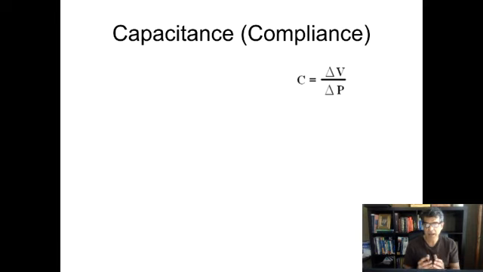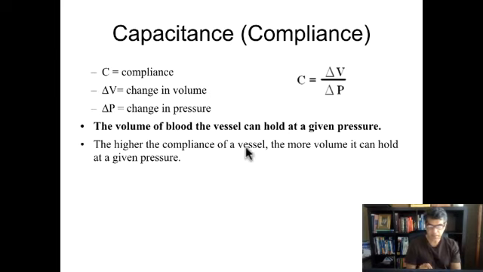Veins have the highest compliance. Veins are the ones that hold a lot of blood versus arteries. Arteries have less compliance or capacitance. At any given pressure, you can hold more blood inside the vein. Therefore, we say the higher the compliance of a vessel, the more volume you can hold at any given pressure.